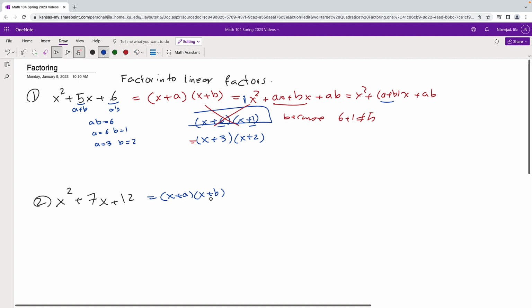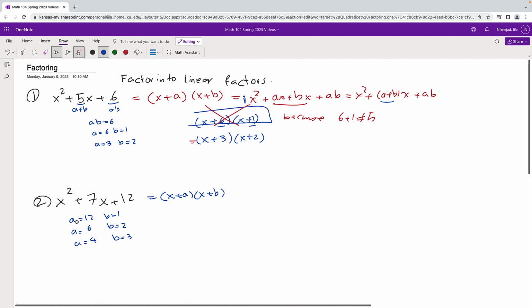So x plus a times x plus b, and then here a could be 12, b could be 1, a could be 6, b could be 2, a could be 4, b could be 3, and I think that's it.